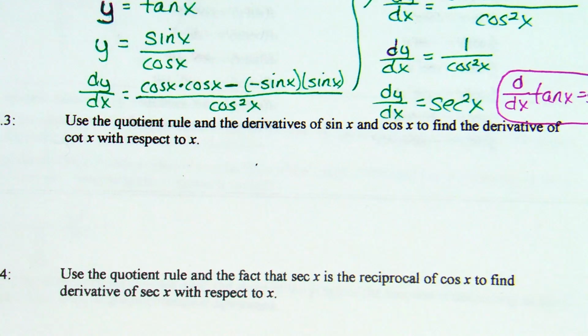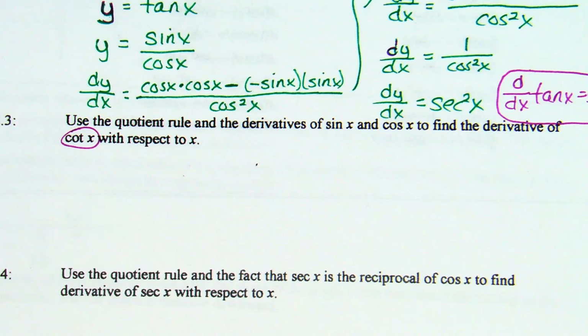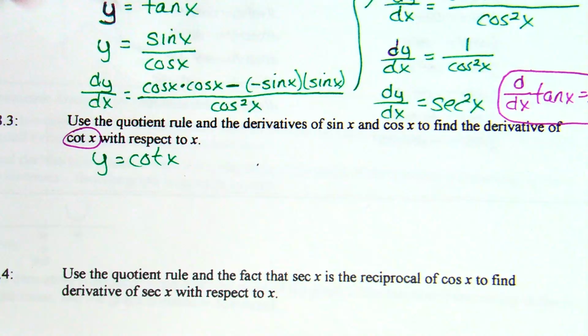Okay, example 3. Use the quotient rule again and the derivatives of sine and cosine to find the derivative of cotangent x. Can you see the direction this one's going? So I'm going to start with y equals cotangent x. What do we know about cotangent?